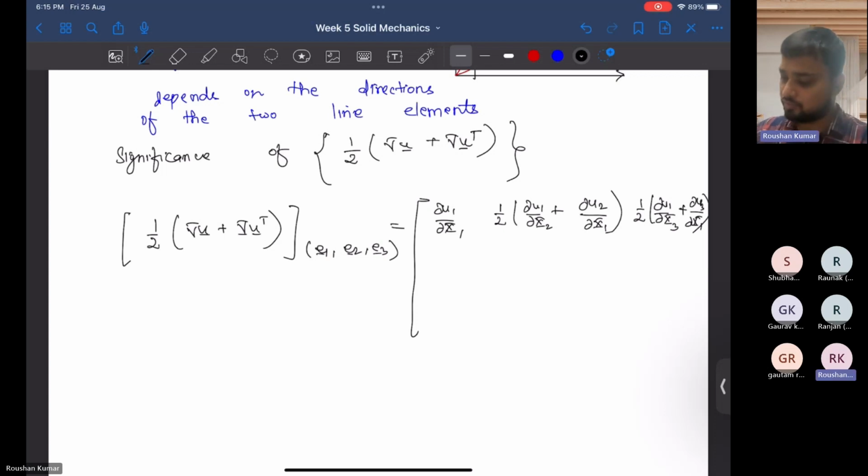I hope it is visible to you. And the diagonal elements are del u2 over del x2 and del u3 over del x3.